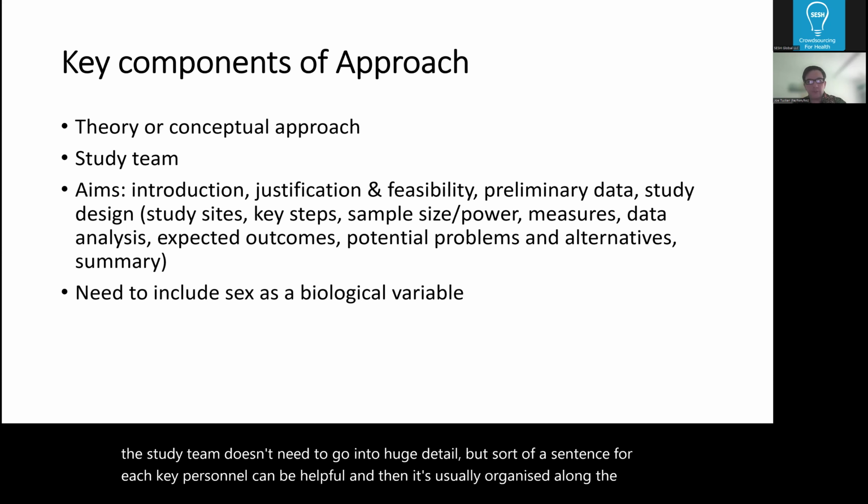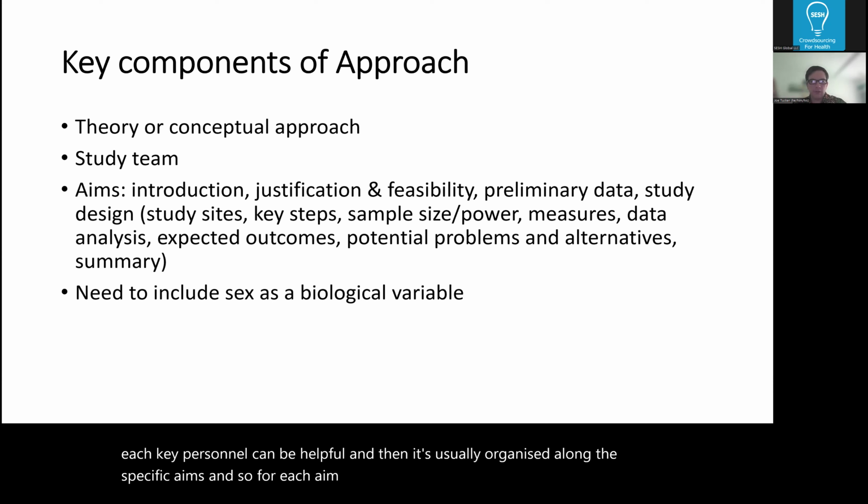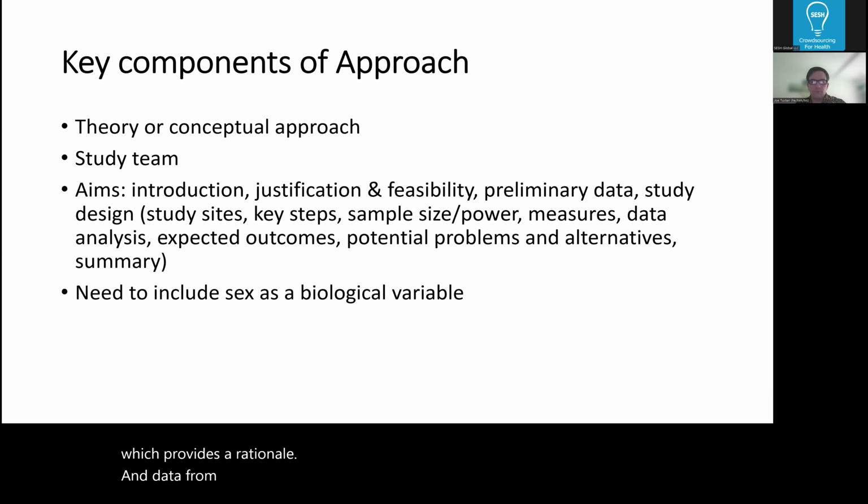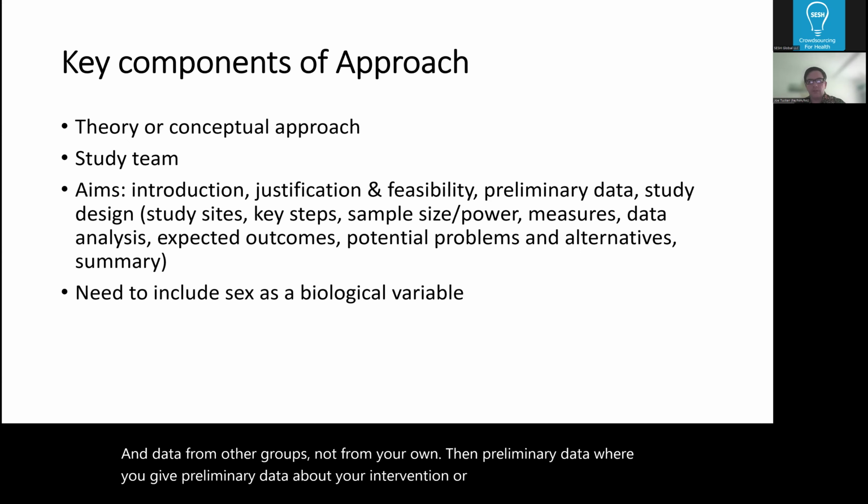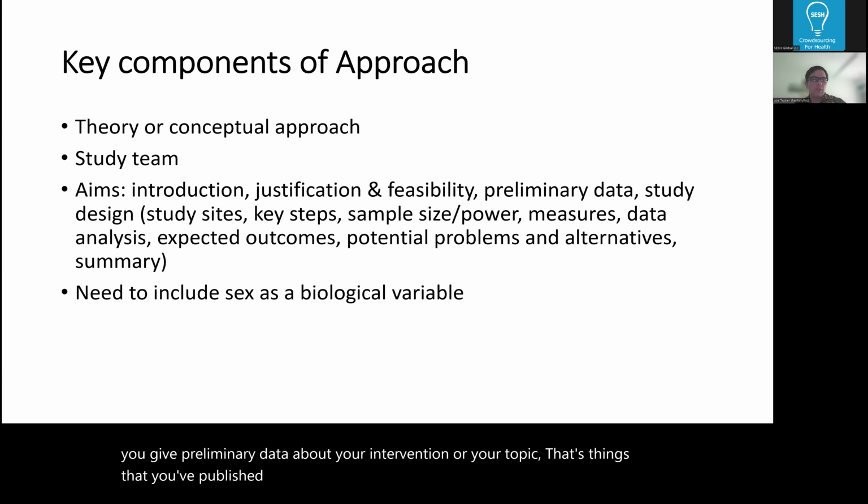And so for each aim, you have a brief introduction that goes through some of the key ideas. Then there's justification and feasibility, which provides a rationale and data from other groups, not from your own. Then preliminary data, where you give preliminary data about your intervention or your topic. That's things that you've published or your team has published. And then the design section, and usually the design section would have study sites.